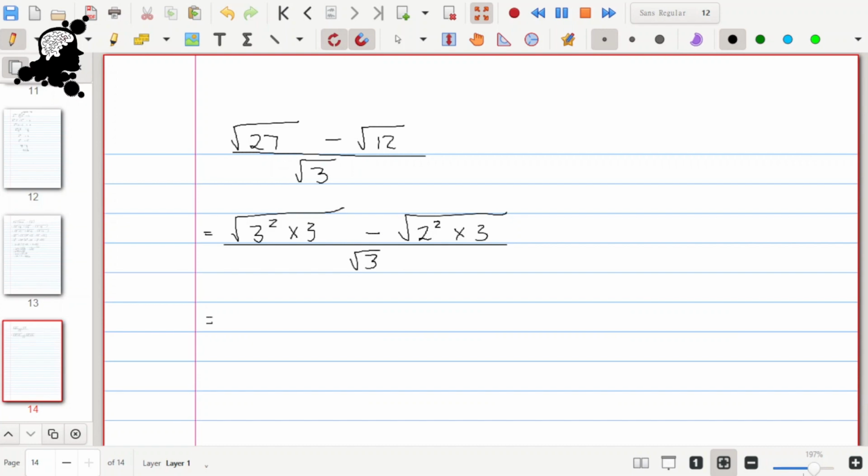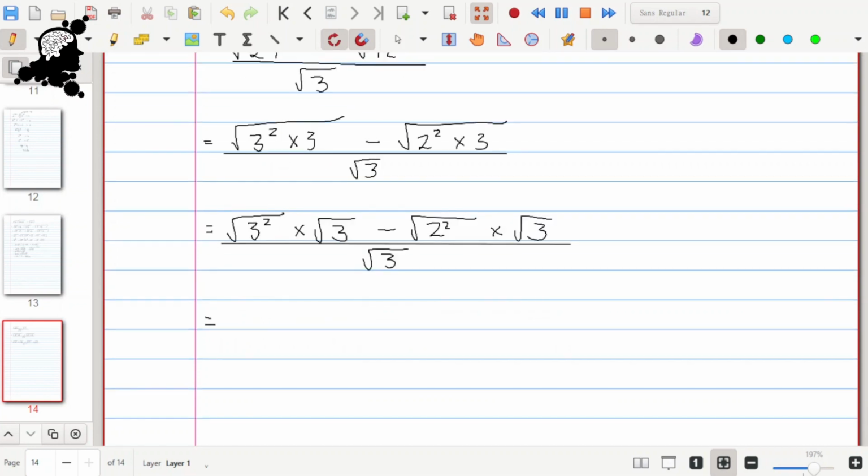Next, we can now distribute and split our radical sign. So square root of 3 to the power 2 times the square root of 3 minus the square root of 2 to the power 2 times the square root of 3, all of this divided by the square root of 3.